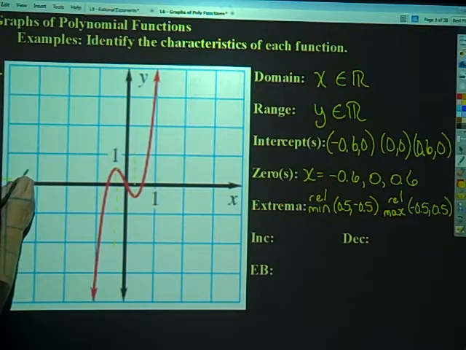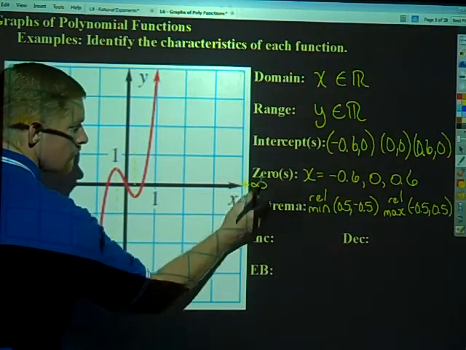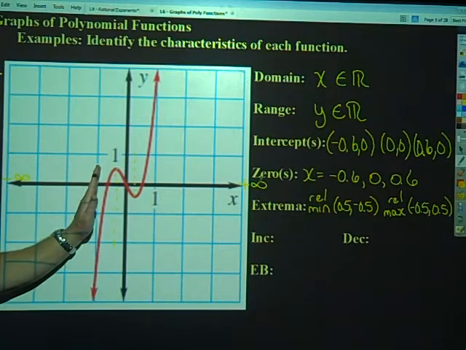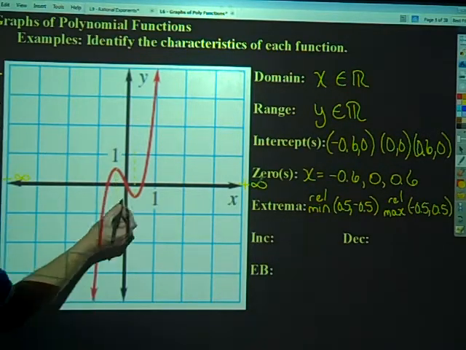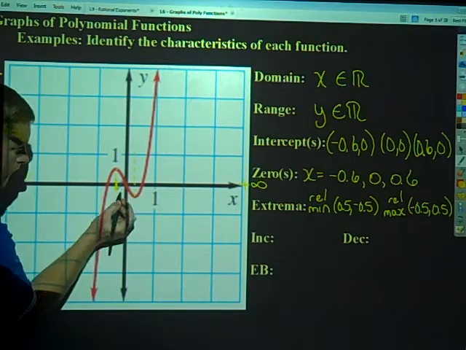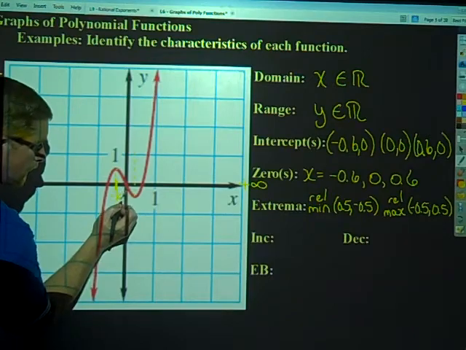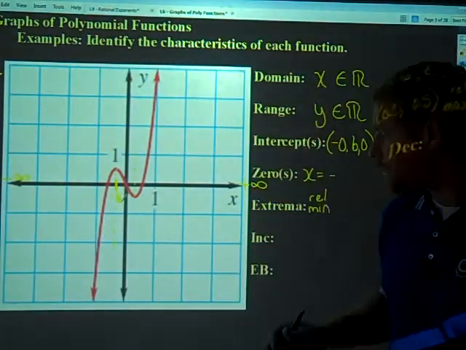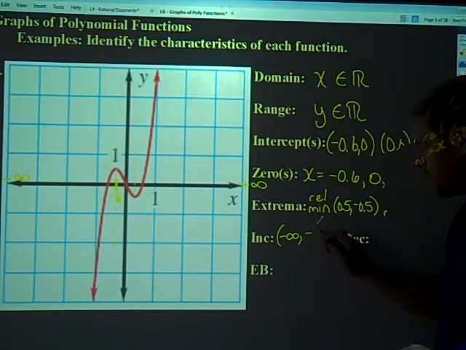When we're looking at the x-axis, this is negative infinity and this is positive infinity in this direction. My graph continues to increase as my function is moving from negative infinity all the way to this place right here. And this is roughly negative 1/2 or negative 0.5. So for my first interval of increase, I'm going to say negative infinity to negative 1/2.